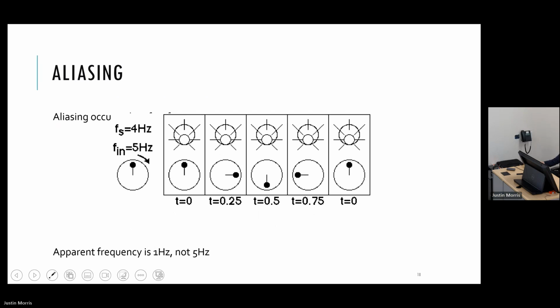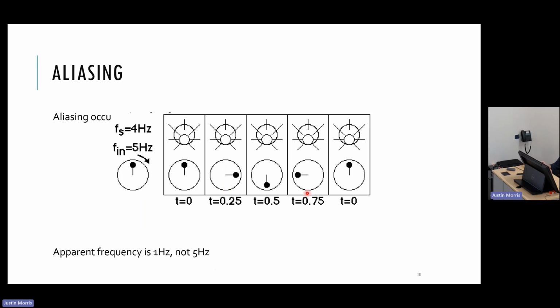But if the disk actually rotates 5 times per second, and we're still sampling at 4 hertz, so 4 times per second, then we would still see these same samples, and we would think that the frequency of the disk rotation is 1 hertz, not 5 hertz.